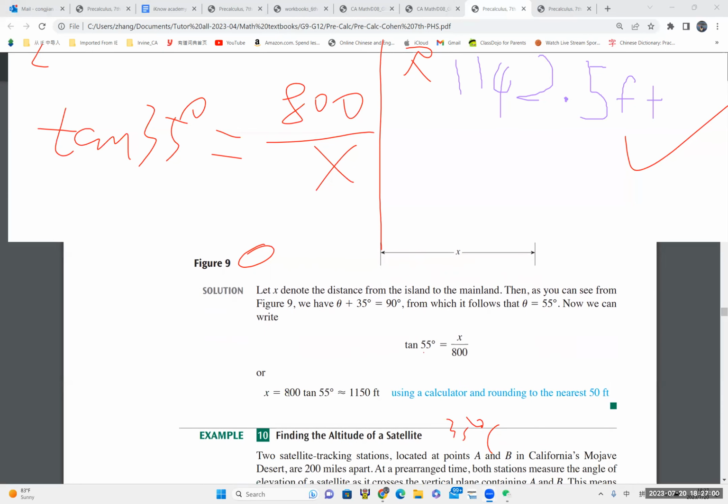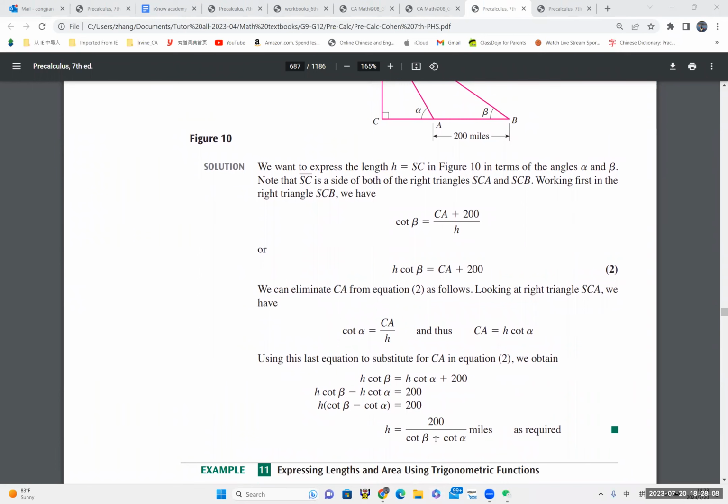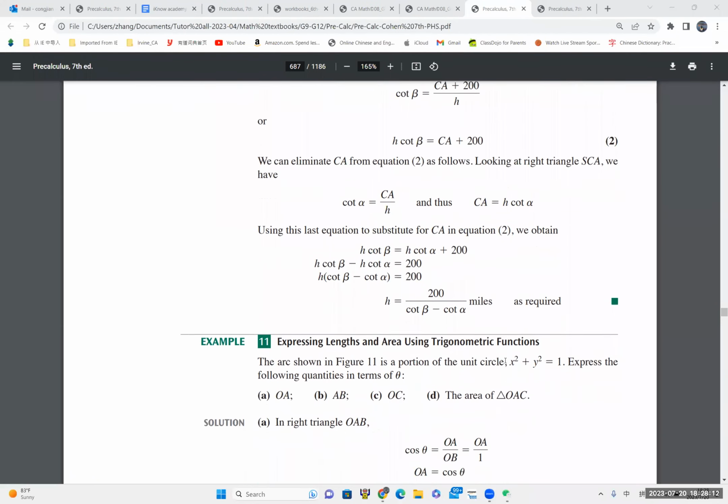We get two variables. They just express height by alpha and beta.